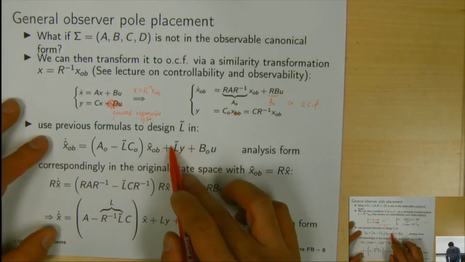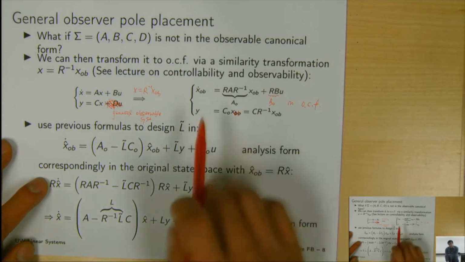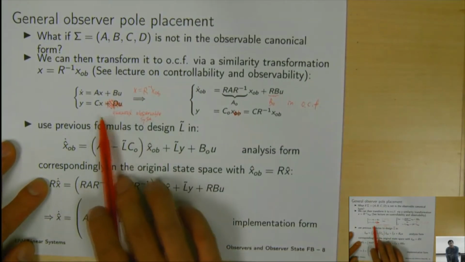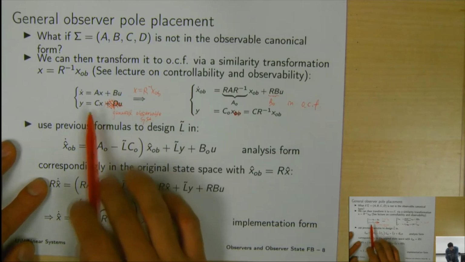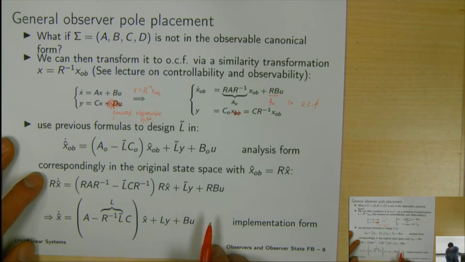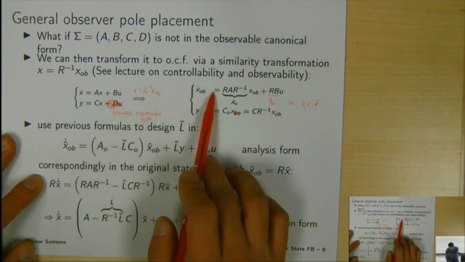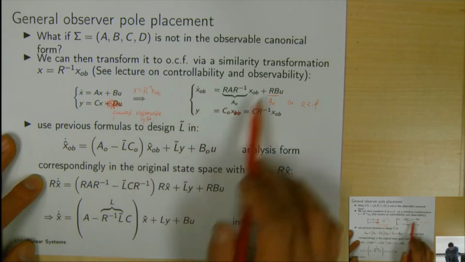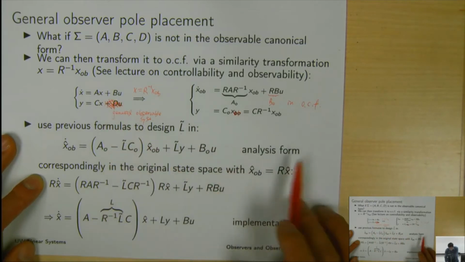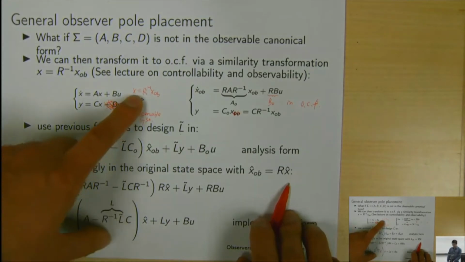We know how to choose these observer gains. Correspondingly, in the original state space, this is where we're going to implement the actual observer design. Let's see how the observer should look. This is just going backwards, right? We've designed something in this domain, so let's go back to the given system dynamics. The relationship is just going in reverse.